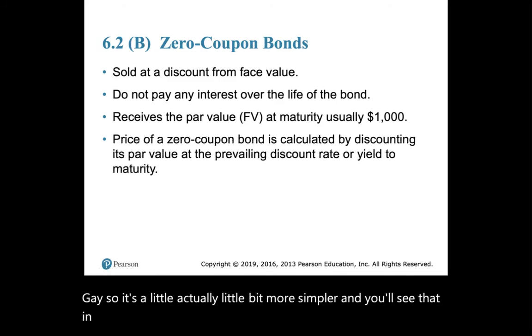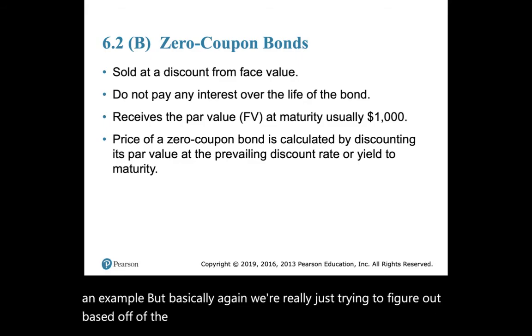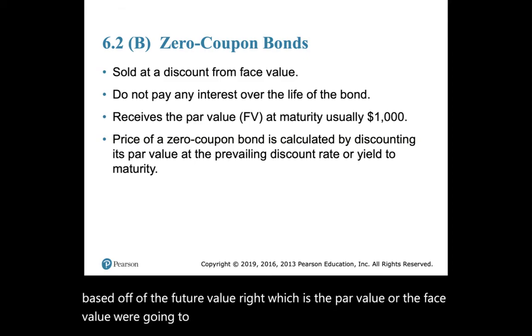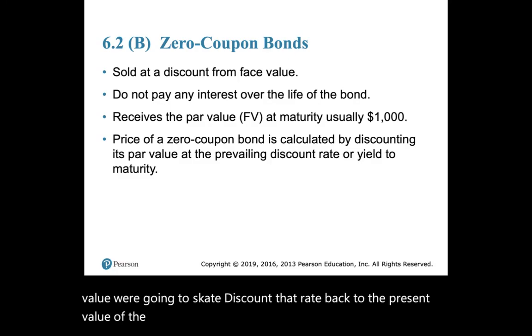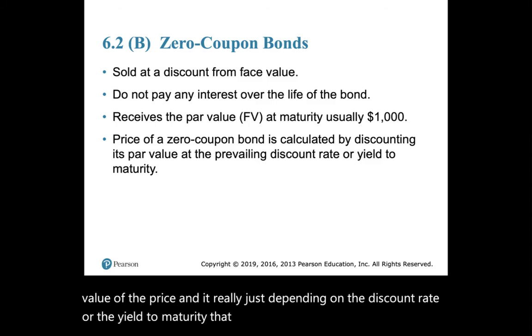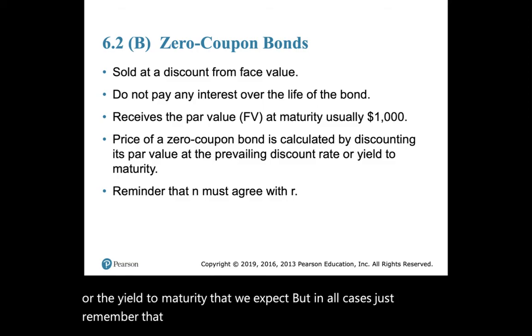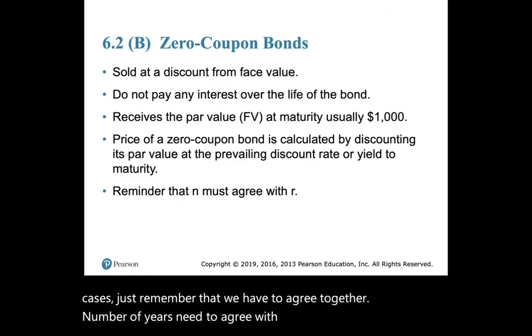Basically, we're really just trying to figure out, based off of the future value, which is the par value or the face value, we're going to discount that back to the present value or the price. And it really depends on the discount rate or the yield to maturity that we expect. But in all cases, just remember that the number of years needs to agree with the correct rate.